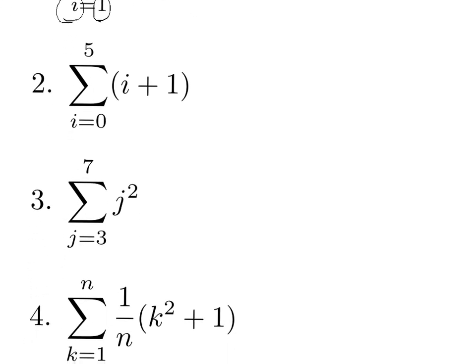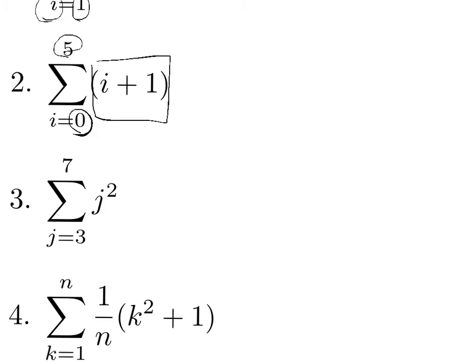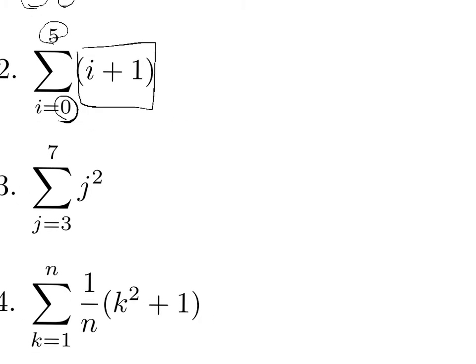All right, next example. What's our lower bound? 0. What's our upper bound? 5. What we're summing is this whole expression now. We're going to do the same thing though. Wherever we see an i, we're going to plug in starting with 0 all the way up to 5. So our first term will be 0 plus 1.